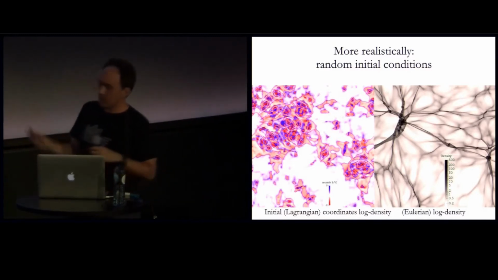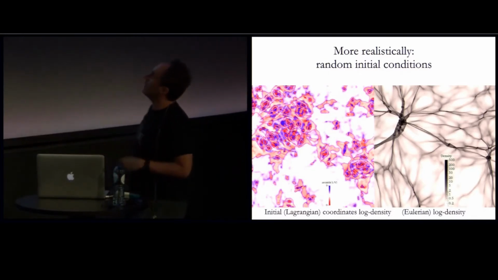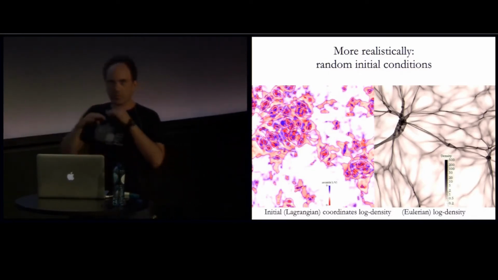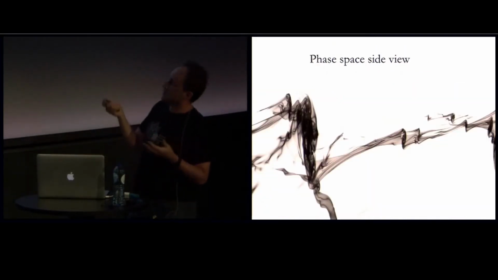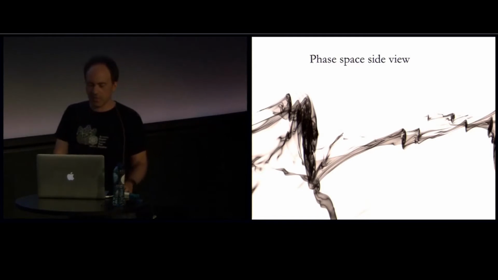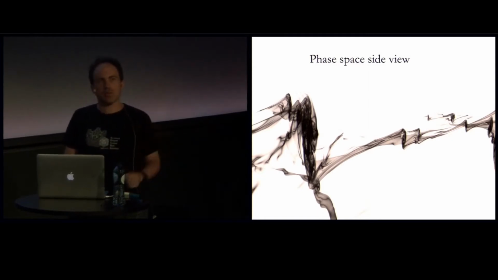If we view this in phase space, going into the velocity coordinates, we can see this kind of structure. I have a short movie, so if you could show the full dome thing, that would be good.